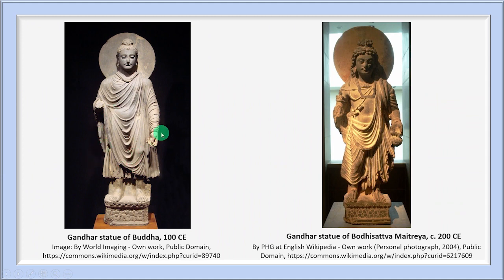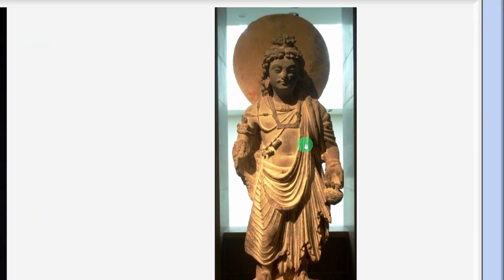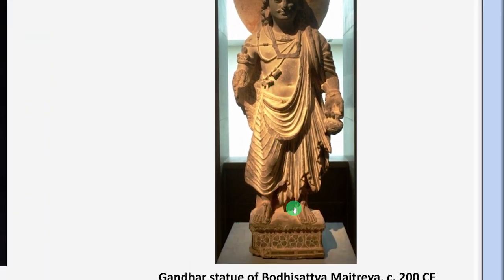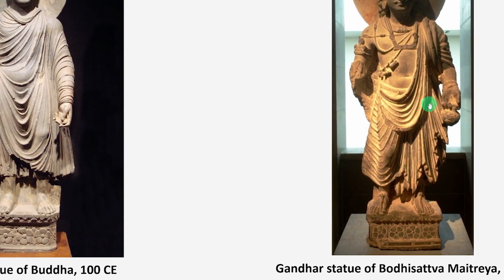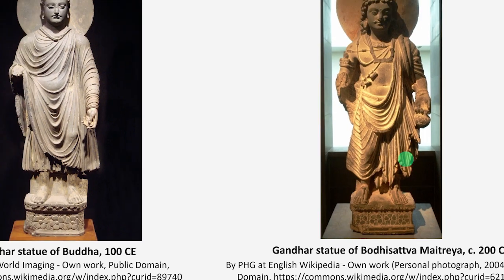You can see Buddha is dressed very simply in a monk's robe, which we call Sanghati, without any jewelry. But on Bodhisattva, we have jewelry on the neck, on the head, on the arm, and he is also wearing footwear, while Buddha is not wearing. And his robe is also a bit elaborate, more dressed like a royal, and Buddha is dressed like a monk.